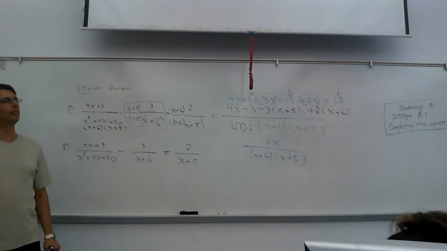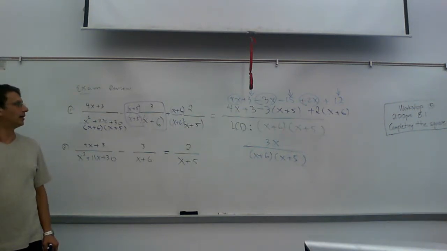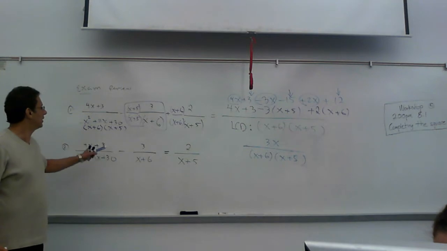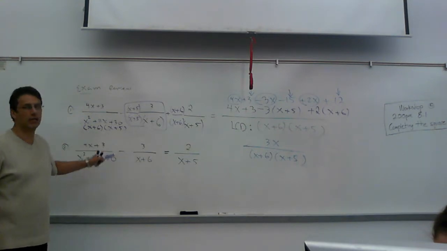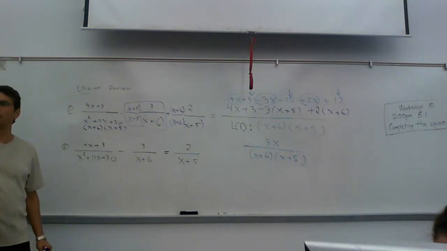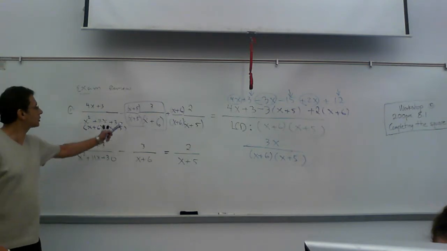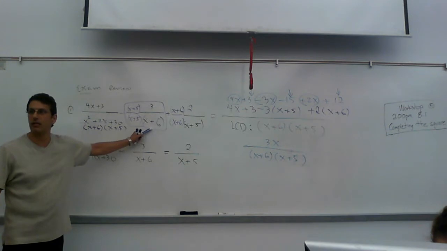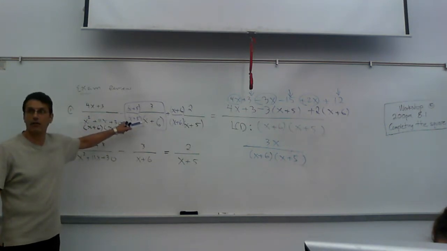Okay. The problem with that is that you're assuming that the LCD is not x plus 6 and x plus 5, rather x plus 6 squared and x plus 5 squared. See, this piece doesn't need x plus 6 as it is there. Do you see that? Yeah. So you must multiply by x plus 5 only.